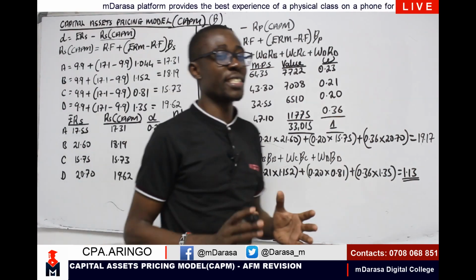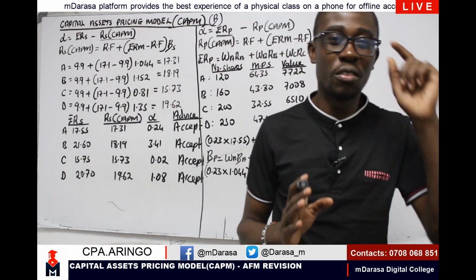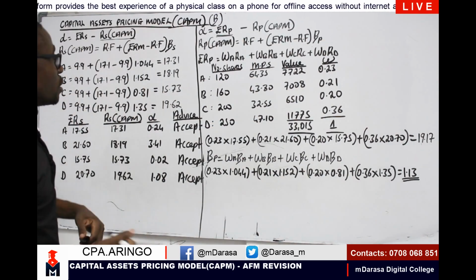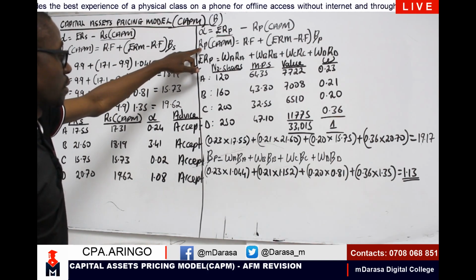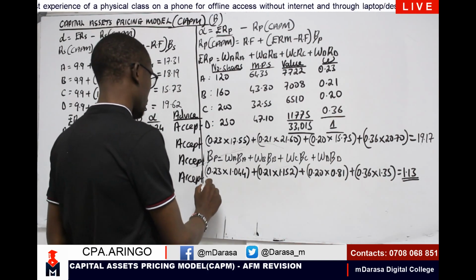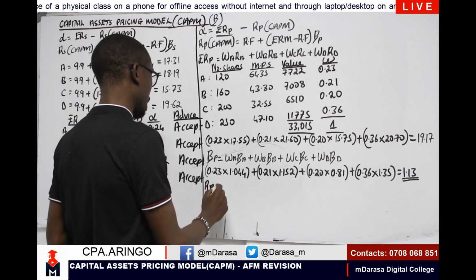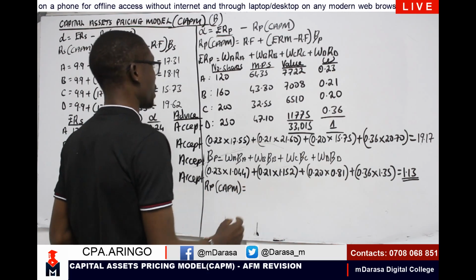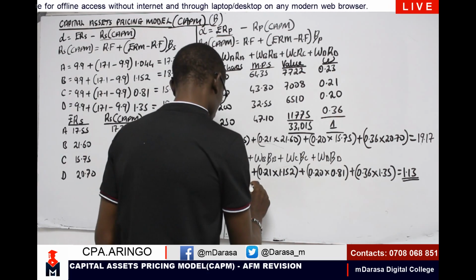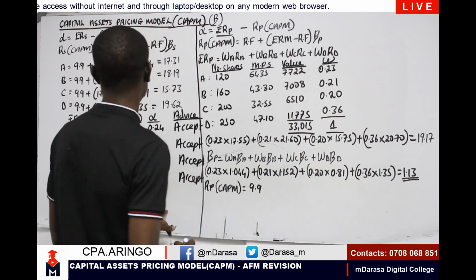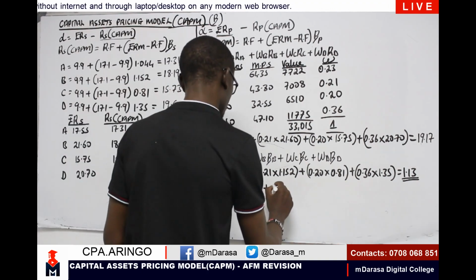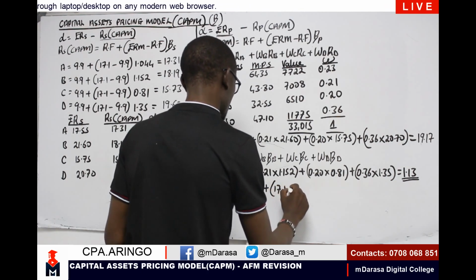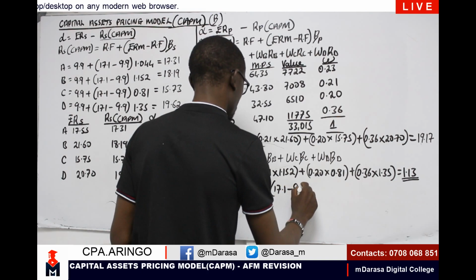This is the point whereby you should start smiling because you have all the variables. So what are we going to do? This is what we need to determine first of all: the return of our portfolio under CAPM. Risk-free will not change, 9.9. We add expected return of the market, which will not change, 17.1 minus our risk-free 9.9.